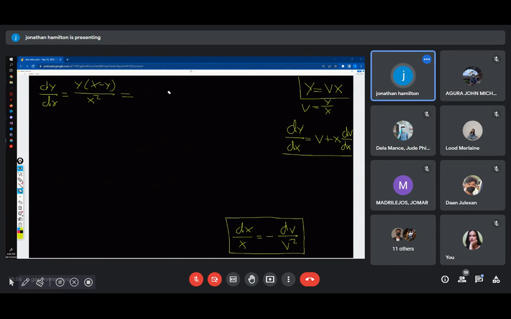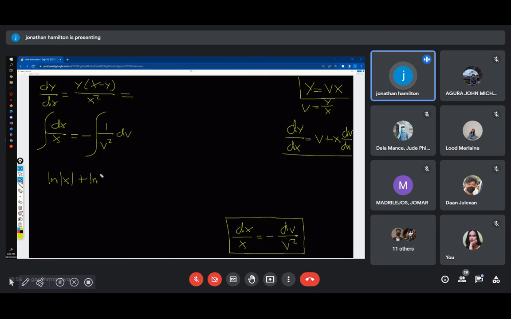So I'll erase this. That means we are left with dx over x is equal to negative 1 over v squared dv. Integrate both sides. So we're left with ln of x. Since we're working with v, we can also put our c on the left side.